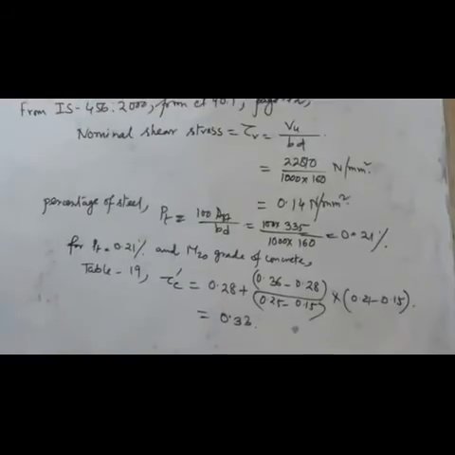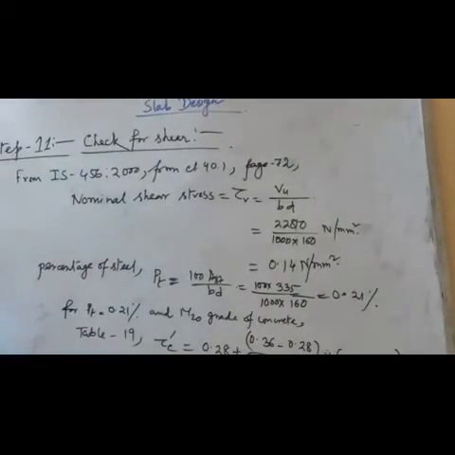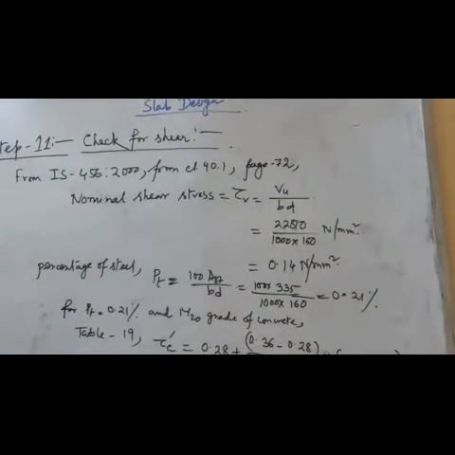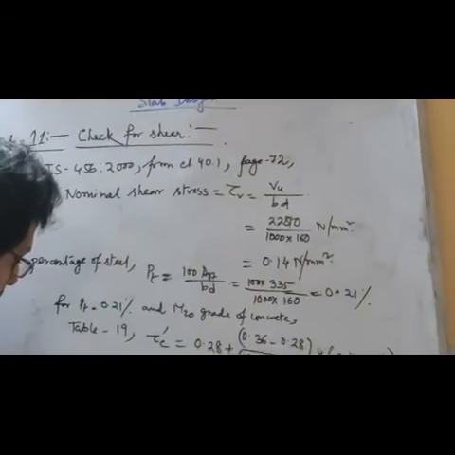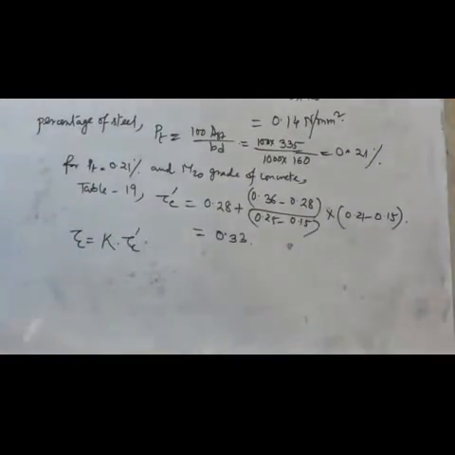To get the value of tau c, you have to calculate the value of k.